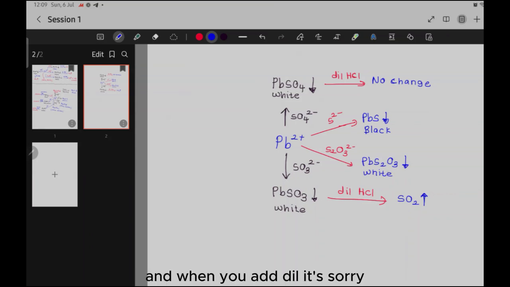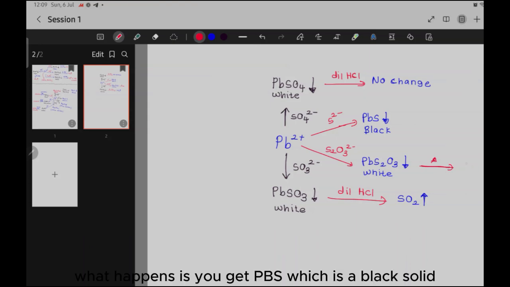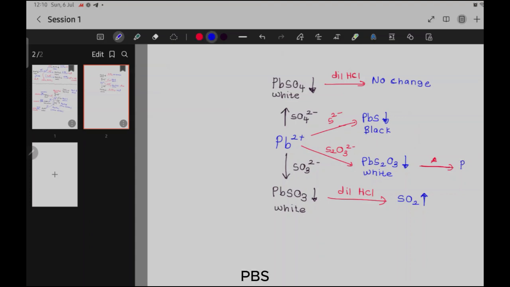And when you add dil HCl, sorry, not dil HCl, sorry. Upon heating this compound, what happens is you get PbS, which is a black solid.